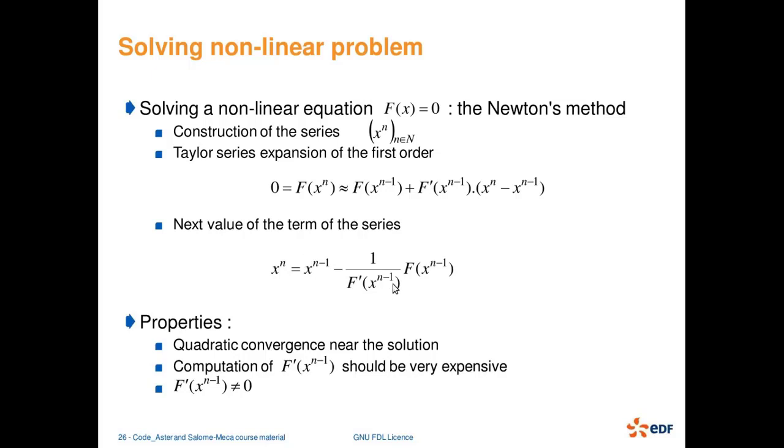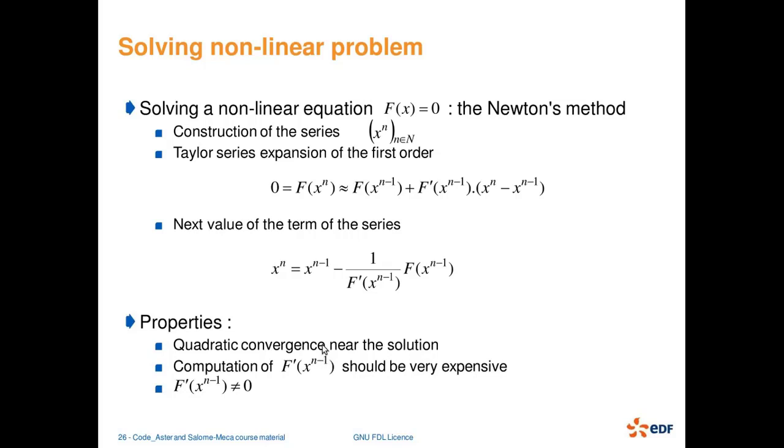The advantage of this method is that if I have a finite derivative of my function at those various instants, then the convergence is quite fast. If I find the first trial value, the first guess solution, sufficiently correctly, then the convergence is quadratic near the solution. So it converges quite fast.